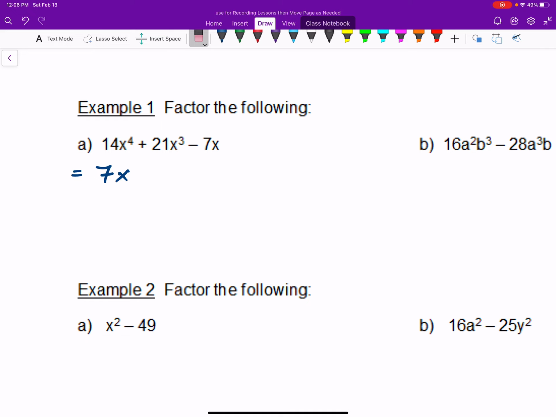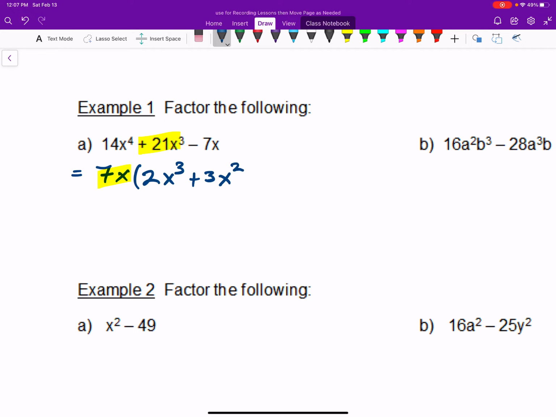Let me just pause there for a second. So 7x is my GCF. Now, if I were to divide 14x to the 4 by 7x, 14 divided by 7 is 2. X to the 4 divided by x is x to the 3. And then if I move on to the next part, positive 21x cubed divided by 7 gives me plus 3, and x cubed divided by x gives me x squared.